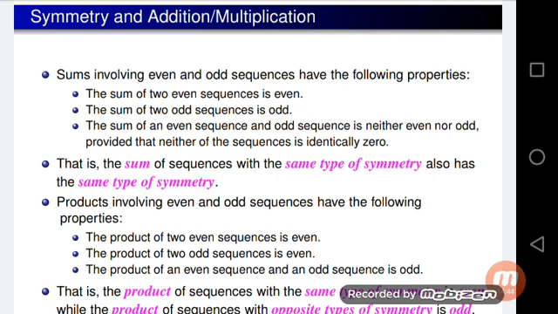So, for example, when we are solving any problems, we are using these three conditions, which are used for simplifying the equations. The sum of two even sequences is even.